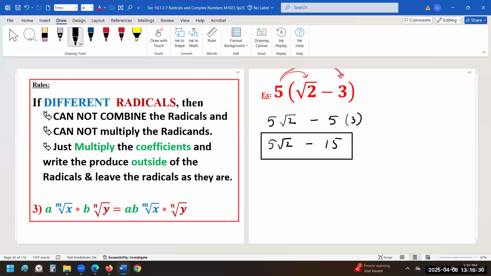But we cannot multiply 5 with the 2 inside, because the inside 2 is underage. They cannot go outside. So they have to stay inside, and the 5 is an adult. It has to go outside to work. So the adult stays outside, the underage stay inside. If they don't have the same radicand, we cannot combine them. We just have to put them together. But here, 5 and 3, they both are adults. Yes, they can combine.